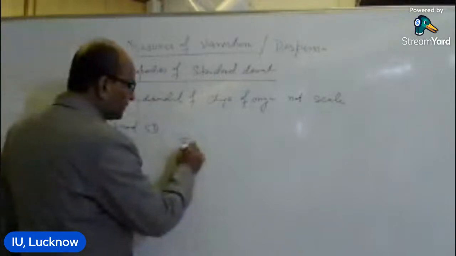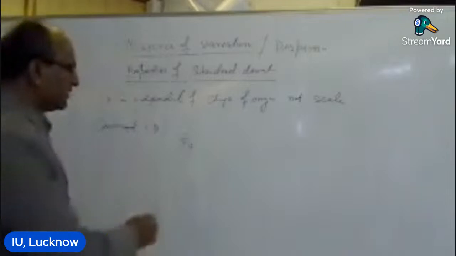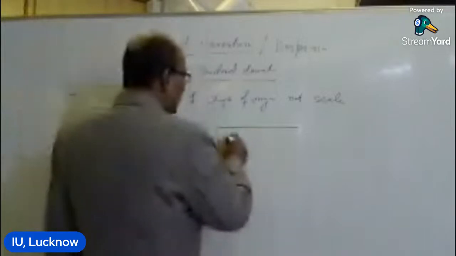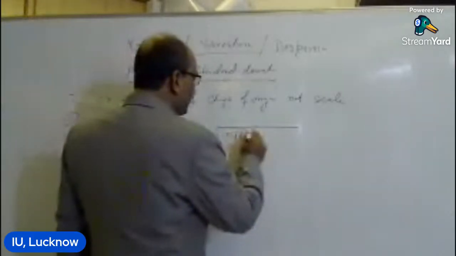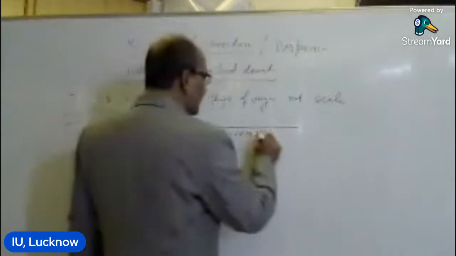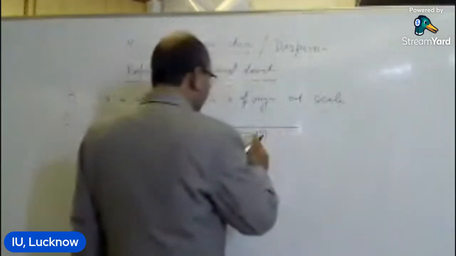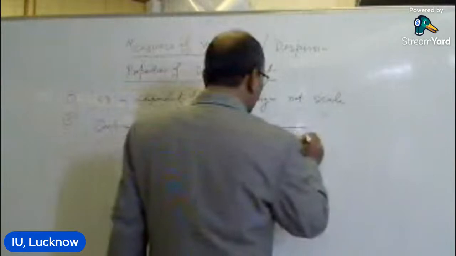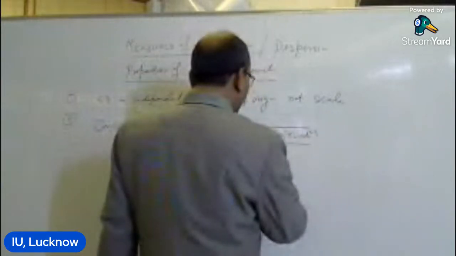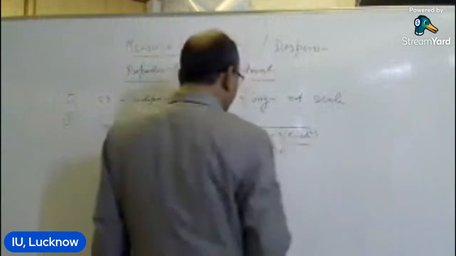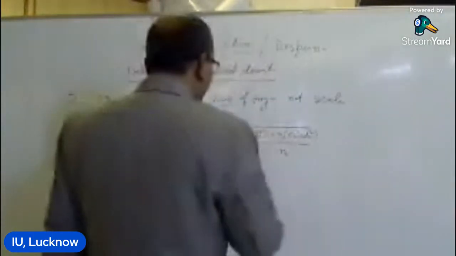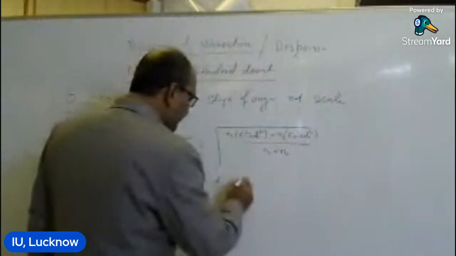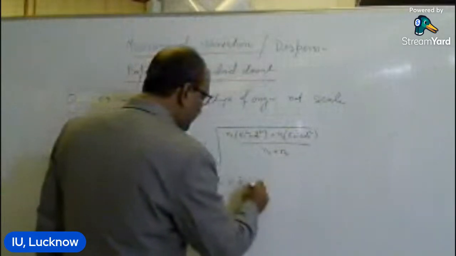Suppose we are combining two sets of observations, and the formula is n1 sigma 1 square plus d1 square plus n2 sigma 2 square plus d2 square, divided by n1 plus n2, where d1 and d2 are the differences between the combined mean and x1 bar, x2 bar.